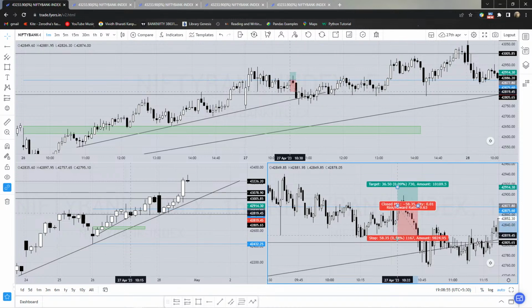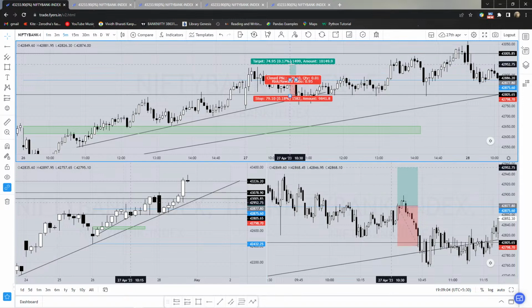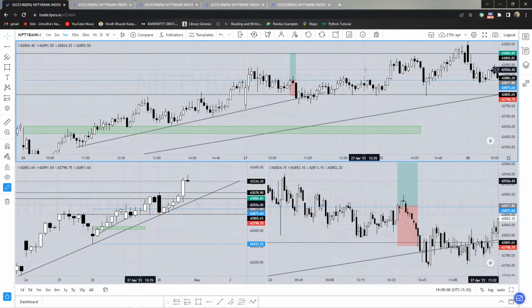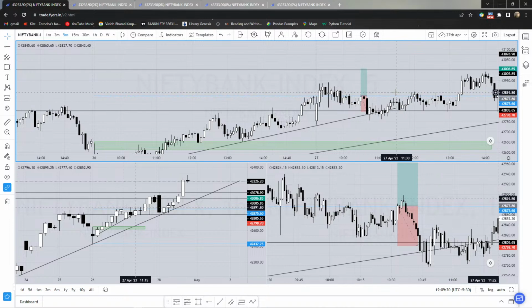Yeah, and I was only able to exit over here at the very bottom. I exited at the very bottom. And my target was around this place. Yeah, I remember this trade now.